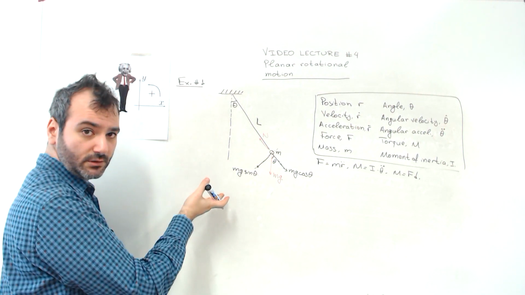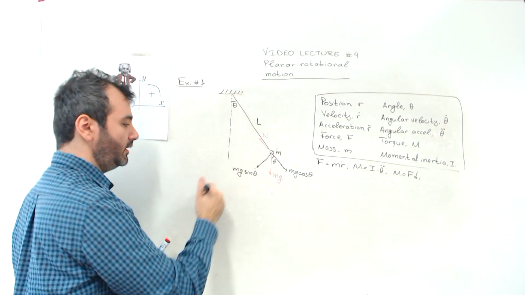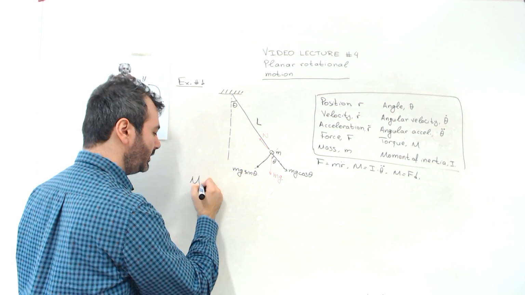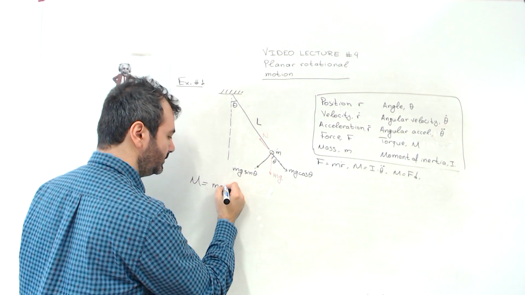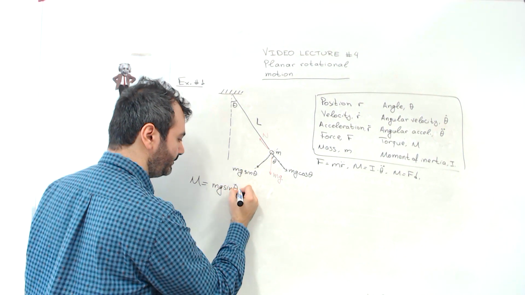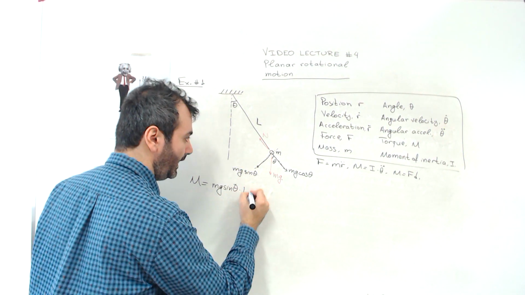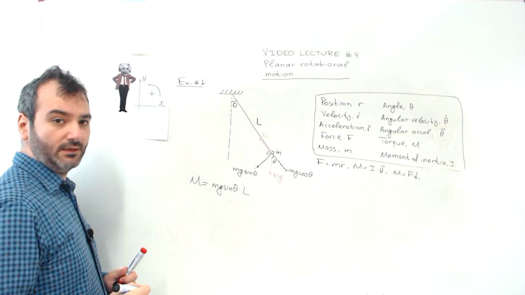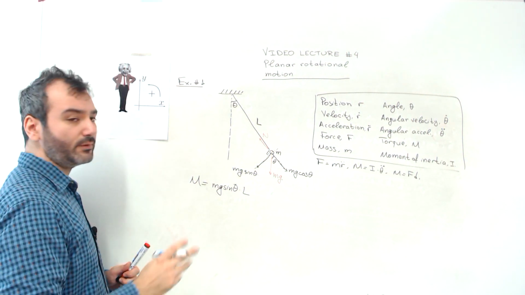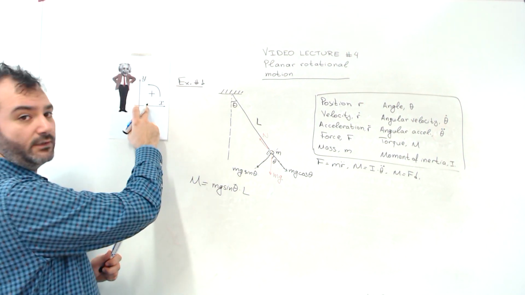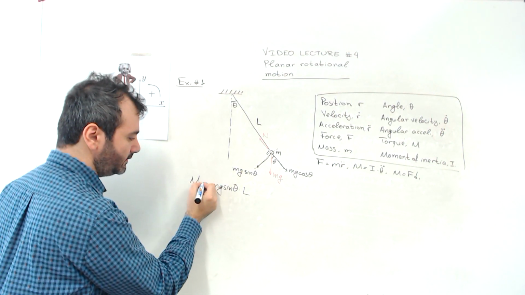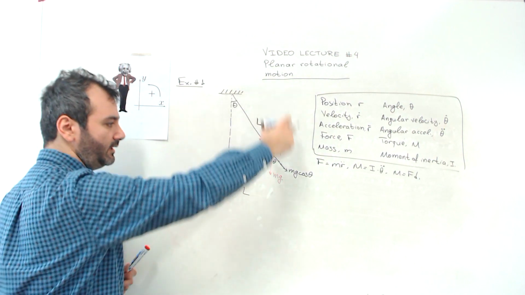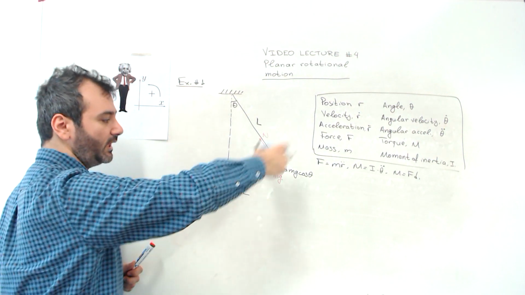Now this force causes a torque, and the corresponding torque, M uppercase, is equal to the force times the length L. This one is perpendicular here. In particular, note here that according to that convention, this torque must have a minus sign because it tends to rotate the object clockwise, not counterclockwise.